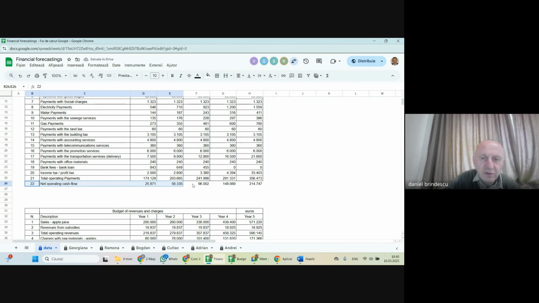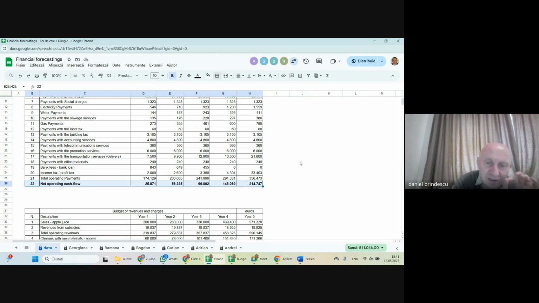So please retain that this is the indicator that we are going to use as a representation of the benefits that the investment would generate in the future during its operation.